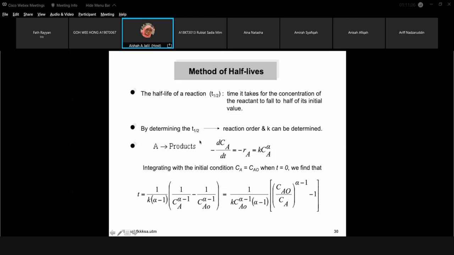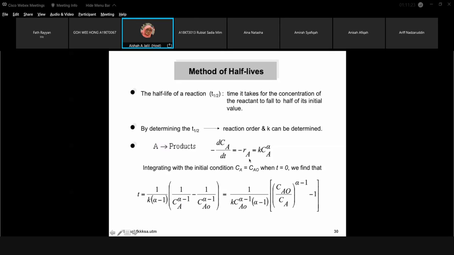By determining the T setengah, you can get the reaction order and K. This also from the graph. For example, this graph, this is the general graph to get the K and alpha.